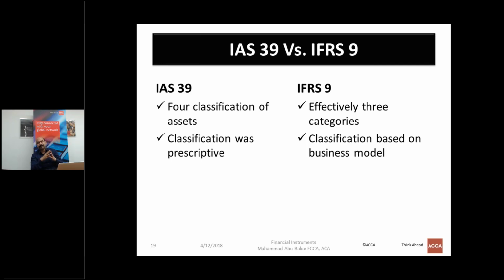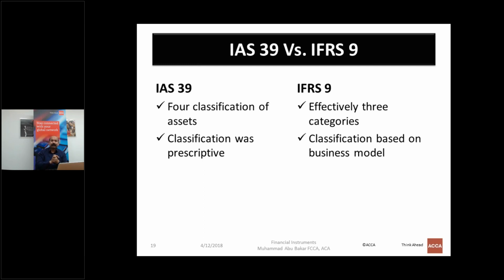Means, in simple words, if your model is such that you hold them for contractual cash flows as well as sell them whenever you find a beneficial opportunity, there you do not have any option. Under IFRS 9, you will have to go for fair value through other comprehensive income.